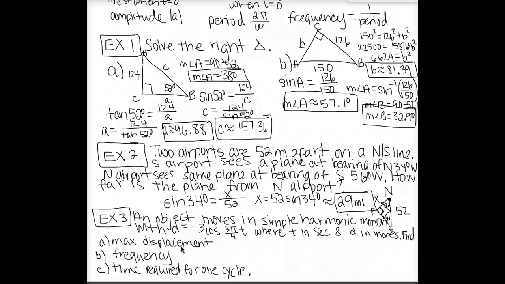So the furthest amount that it goes. So this really is just the amplitude, because the amplitude is going to be the furthest away from the start point that we end up with. So that's actually a very easy question. Our A value is -3, so we're going to do the absolute value of -3, which is 3. So our max displacement here would be 3 inches.